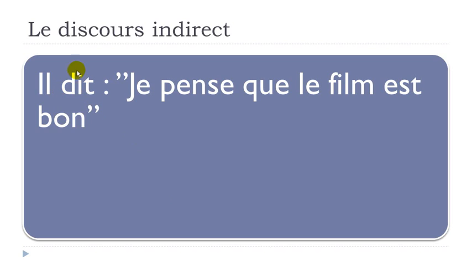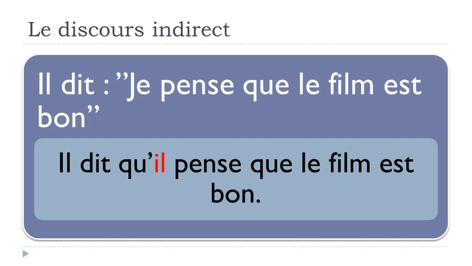Il dit, okay, dire is to say, he says, je pense que le film est bon. Je pense, so penser, I think, that le film est bon. Okay, so if you want to modify this sentence, of course, you will have to change it a little bit, because it's not possible to say il dit que je, okay?